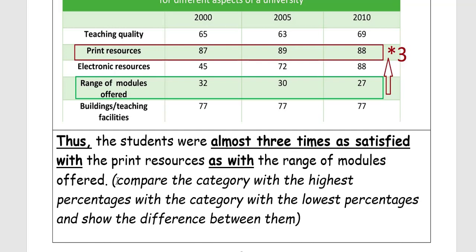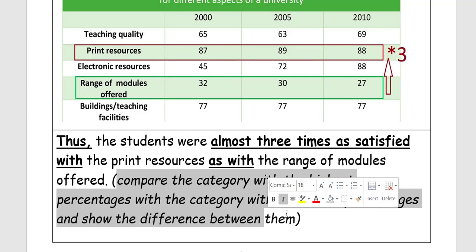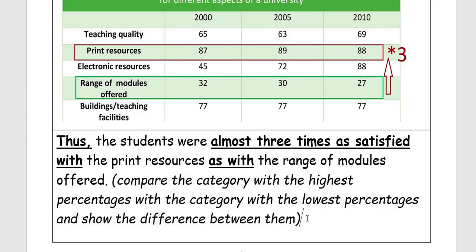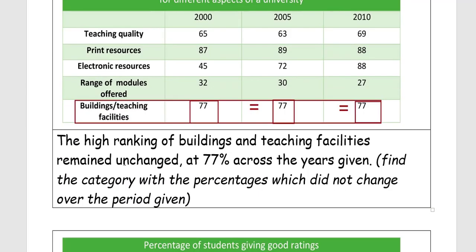So our strategy is to compare the category with the highest percentages with a category with the lowest percentages and show the difference between them. Next. The high ranking of buildings and teaching facilities remained unchanged at 77% across the years given.